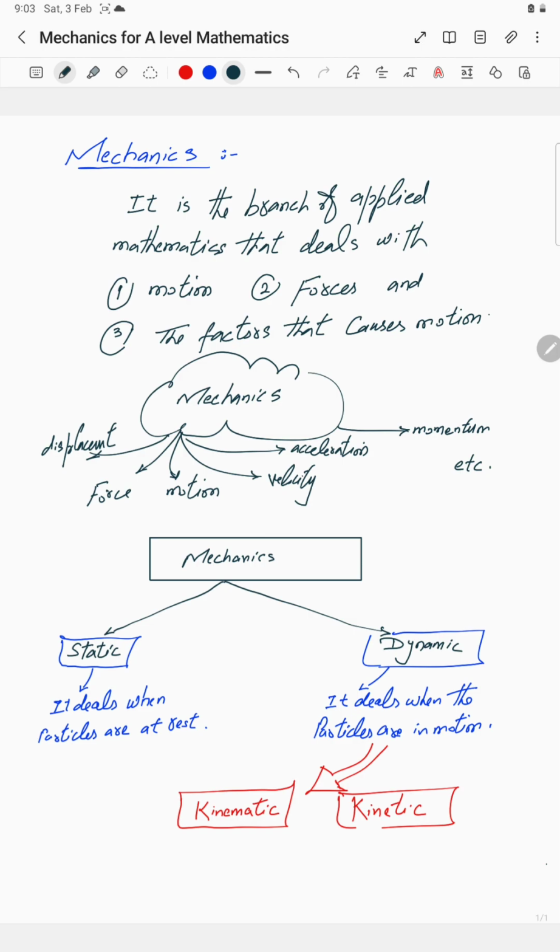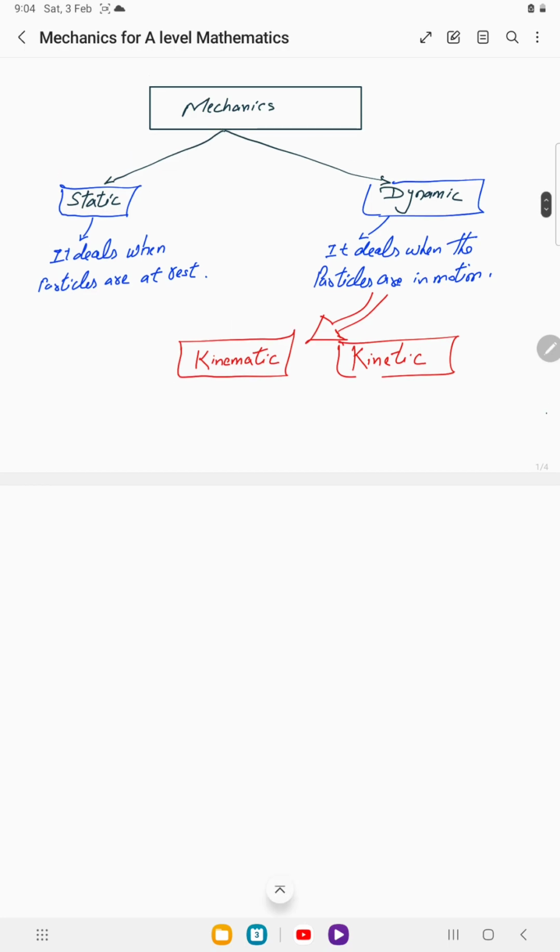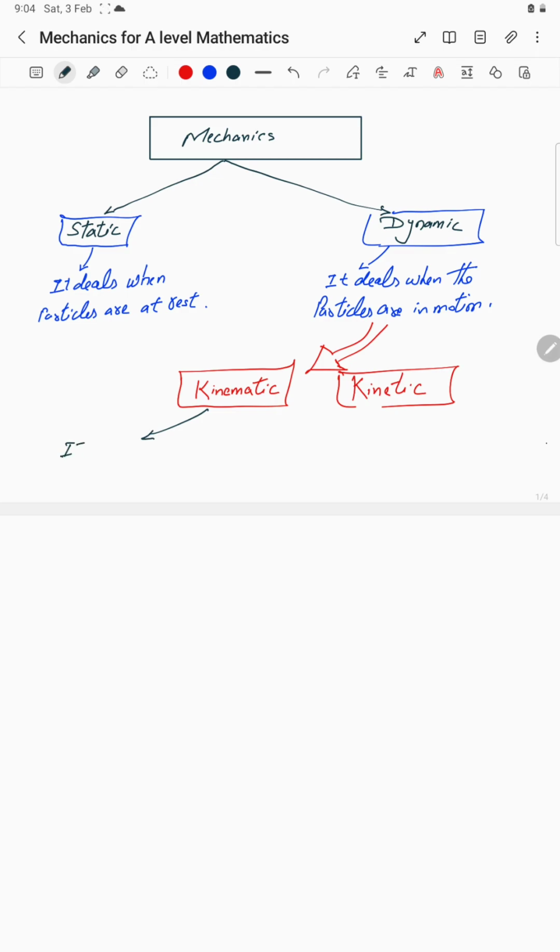Number one is kinematics, and the other one is kinetics. Kinematics deals with the particle or object in motion without a source of force.